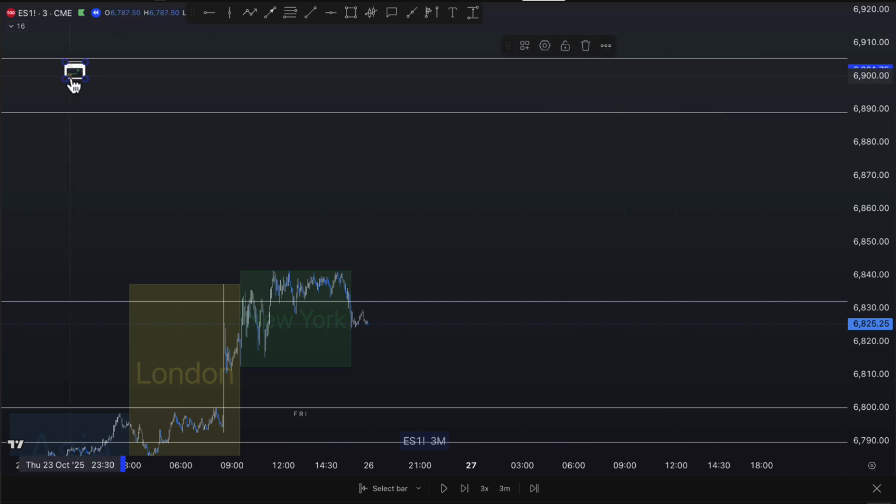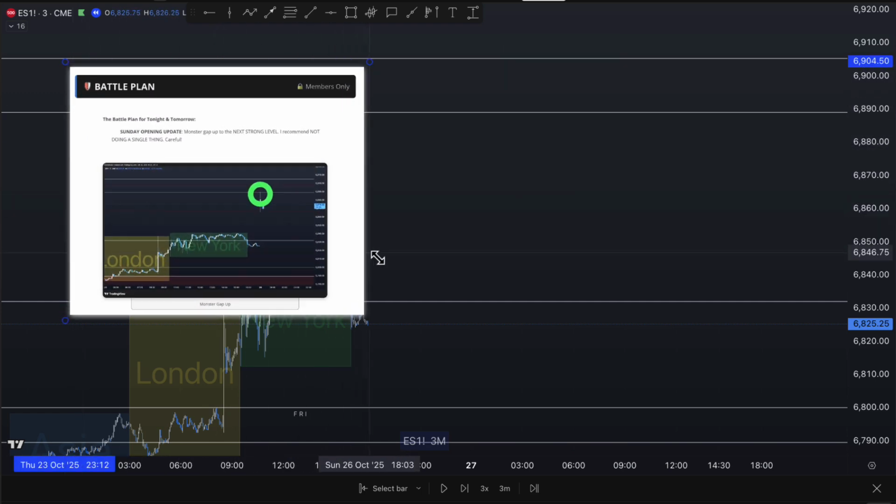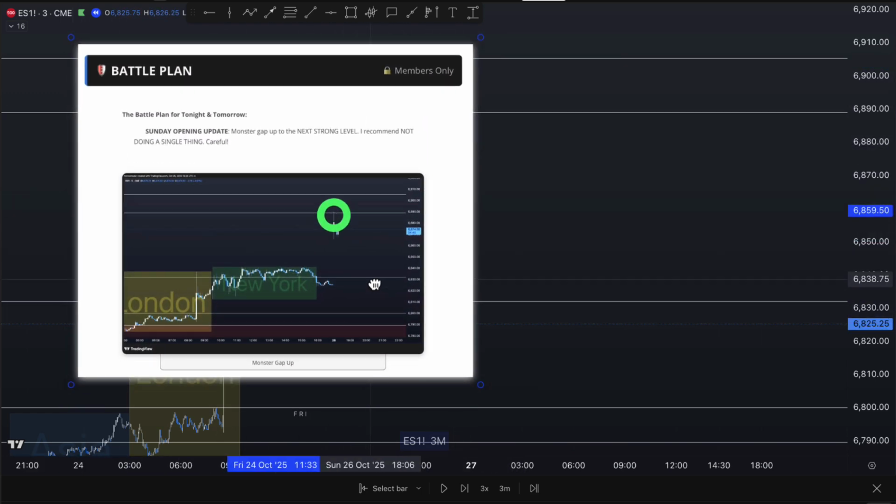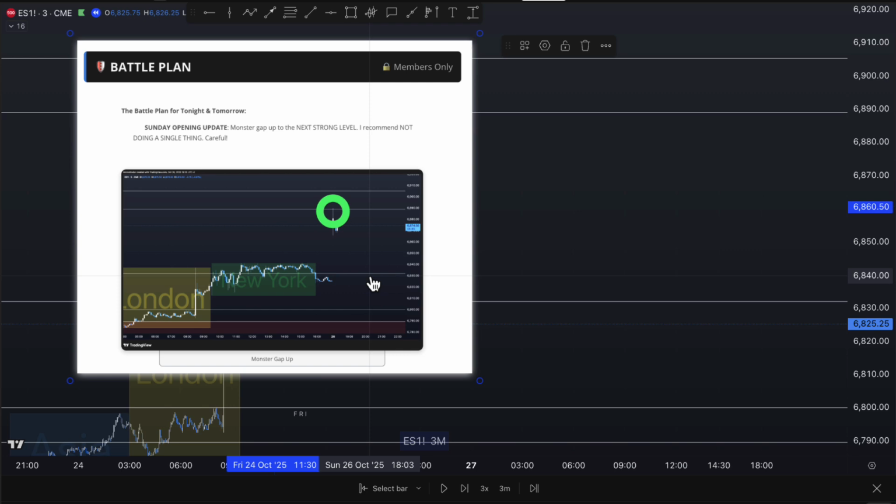And then Sunday night, we got that monster gap up and I updated the battle plan, which is the second thing I post on Sunday. I post the strong levels and then I post the battle plan. How do I want to trade? Where do I want to engage in price on the chart? And I did an update Sunday night, which is rare, but it was a big gap up.